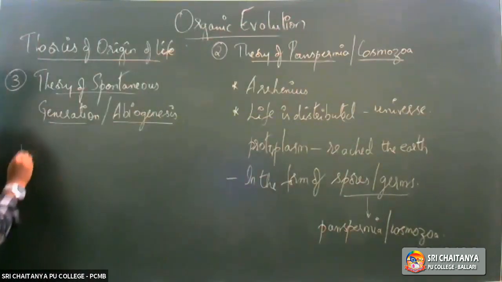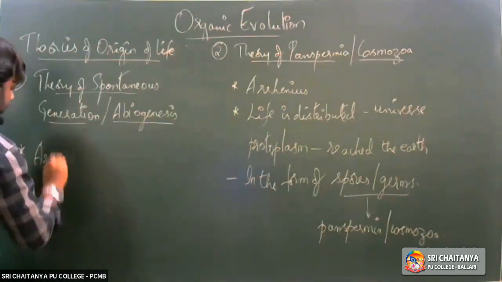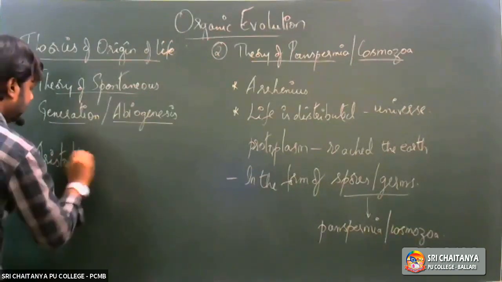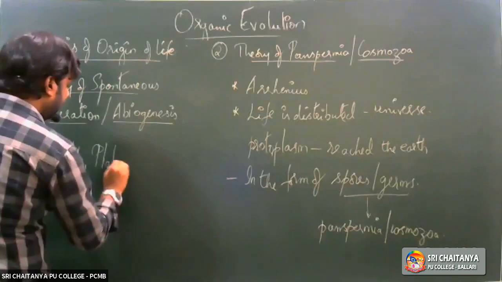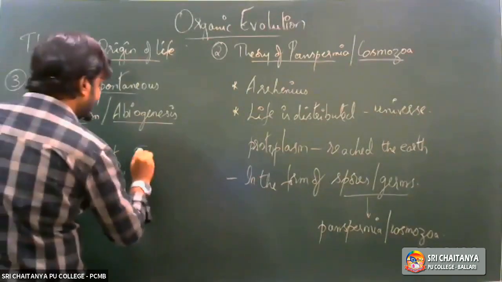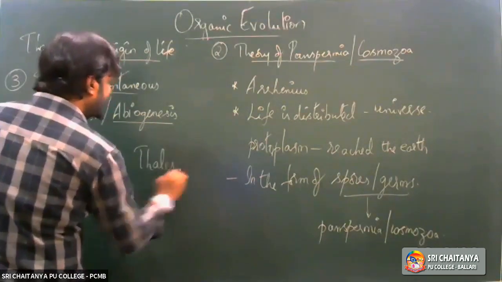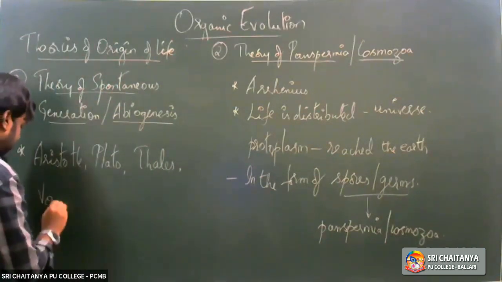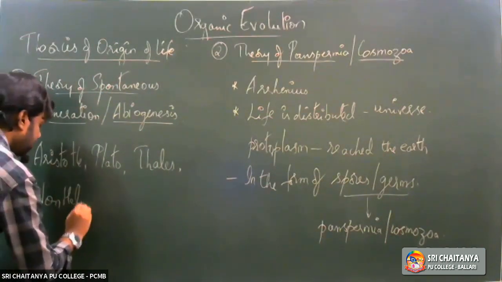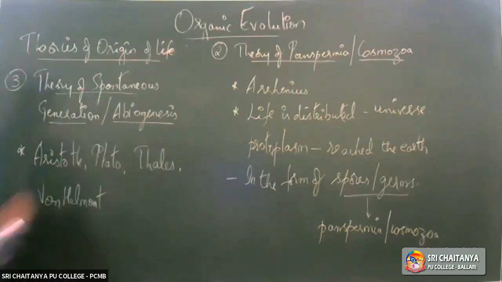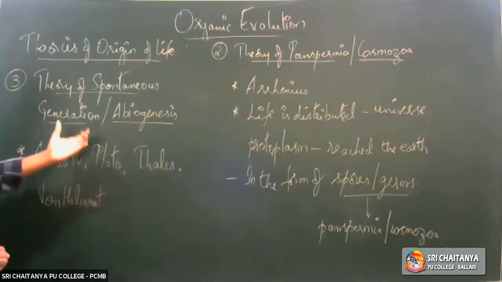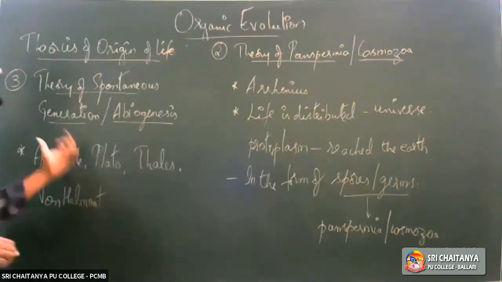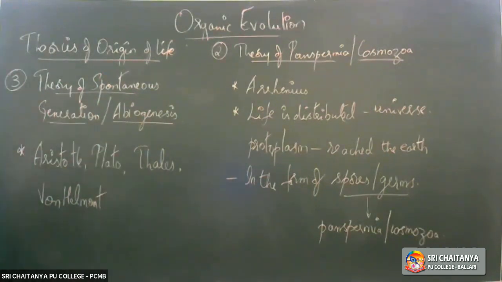Scientists such as Aristotle, Plato, Thales, and von Helmont. These are some of the prominent scientists of that time who supported this theory called the theory of spontaneous generation or theory of abiogenesis.